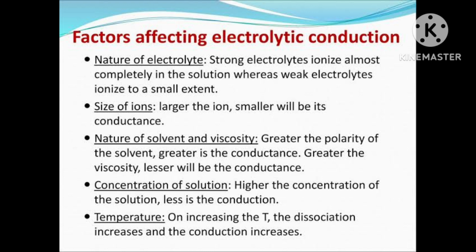Very clearly, it is also related: 1 Siemens per centimeter is equal to 100 Siemens per meter, because meter and centimeter are related by 100. Conductance and conductivity I have discussed. Now I am telling more about this.